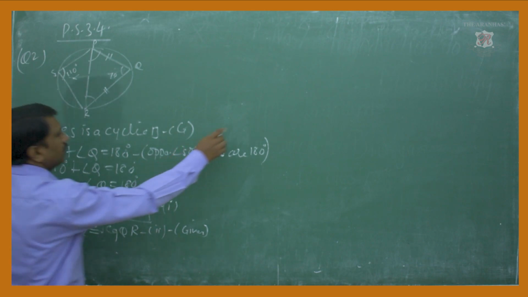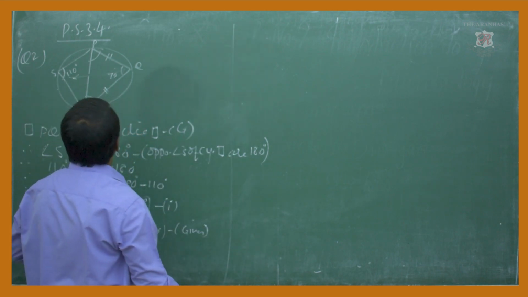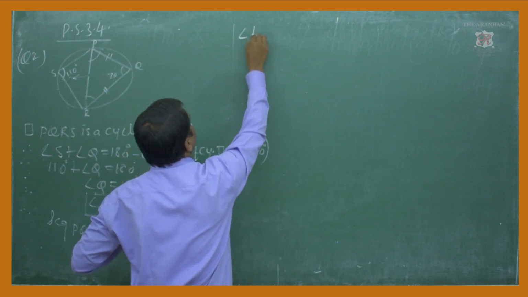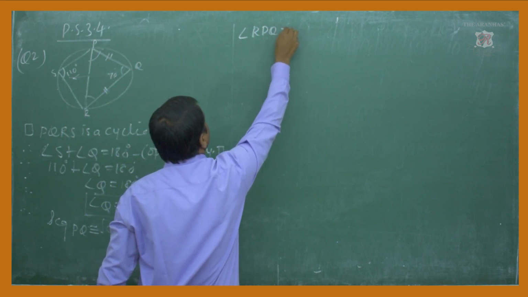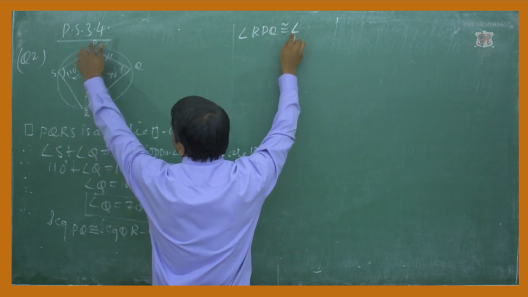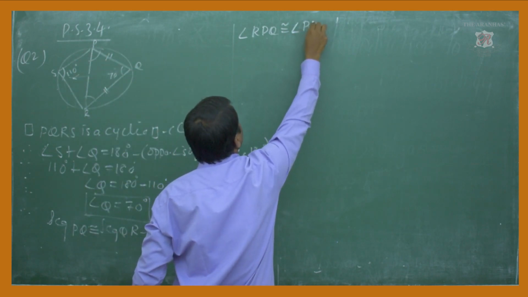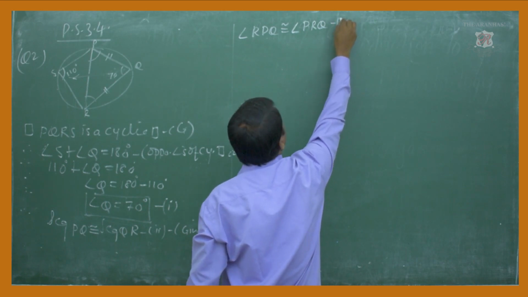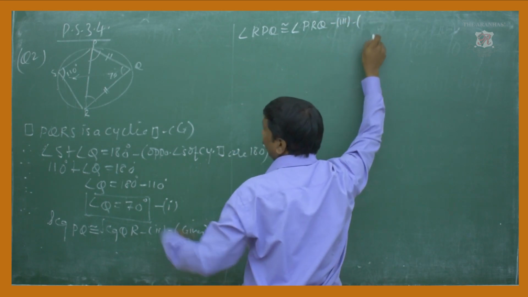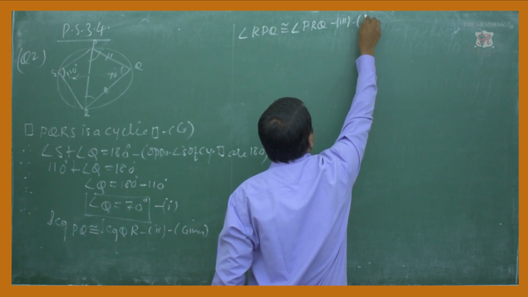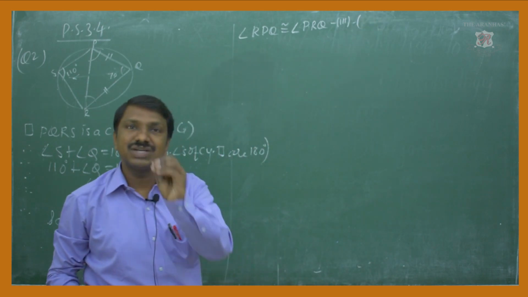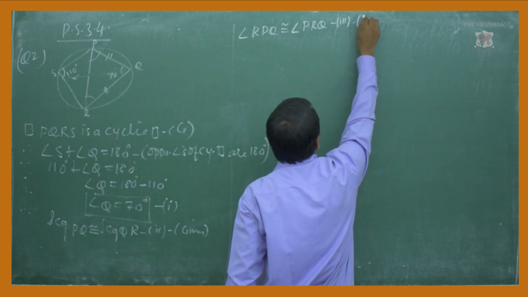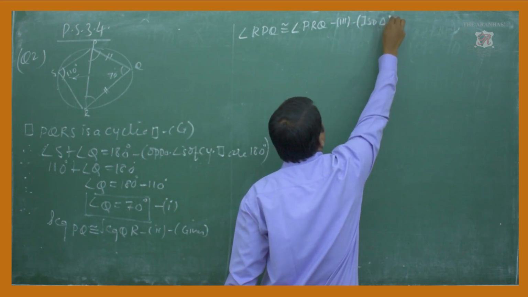So angle RPQ is congruent to angle PRQ. Write it here as statement number 3. The reason is the isosceles triangle theorem, otherwise the opposite side theorem.